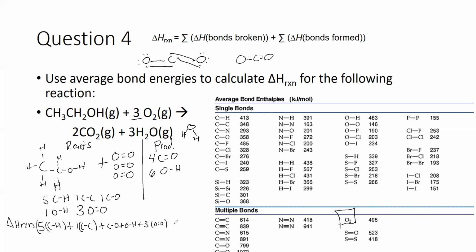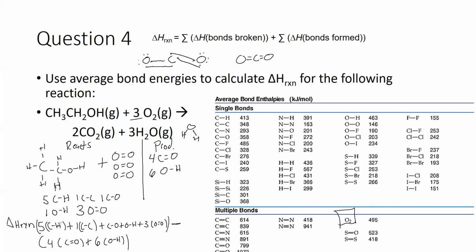And that's all going to be minus, in parenthesis, 4 C double bond O plus 6 oxygen hydrogens.